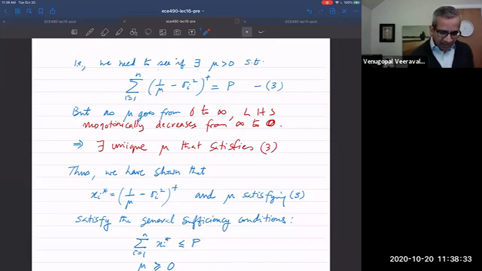And as I increase mu, this is going to monotonically decrease. Okay, it can't go up and down; it just has to monotonically decrease. So as I keep increasing mu, eventually it's going to get to p. When it gets to p, I'll stop, and that's the value of mu that satisfies 3, and it's unique.